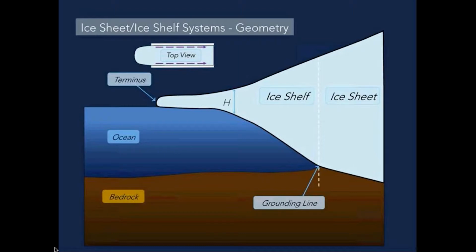And again, the point where that happens is the grounding line. And also, ice sheets and ice shelves generally can be confined. So you have two sidewalls that are surrounding the ice shelf, and that's shown in the upper left-hand corner. And the furthermost edge of the ice shelf is known as the terminus.